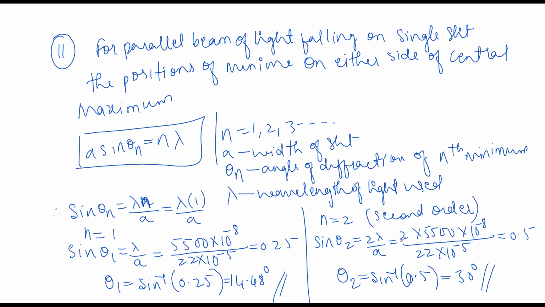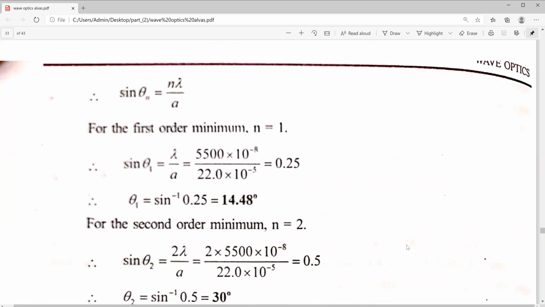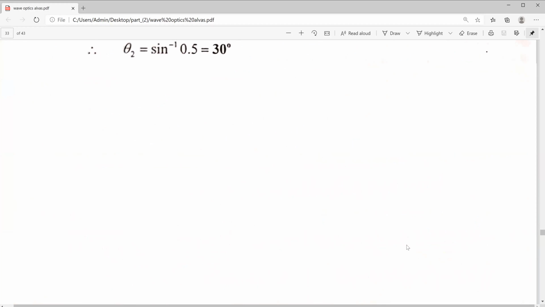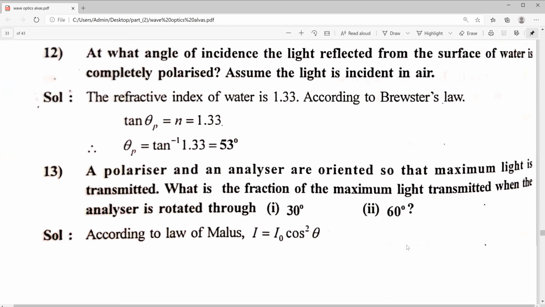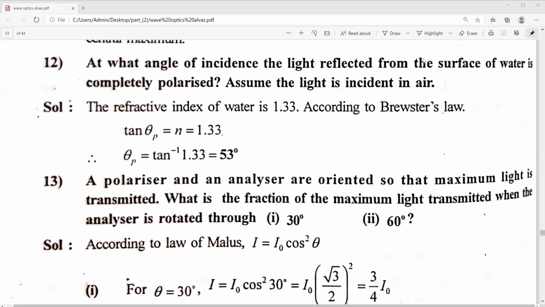So next we shall see the 12th one. What is the 12th one? At what angle of incidence is light reflected from the surface of water completely polarized?